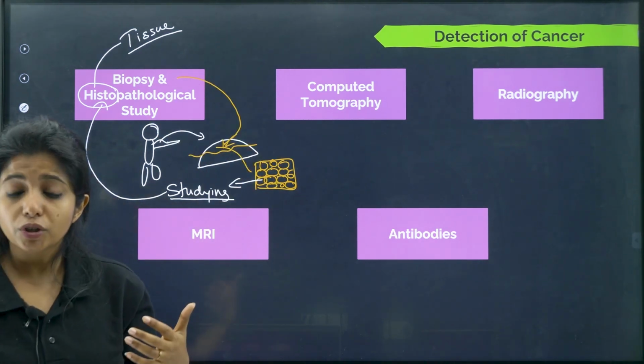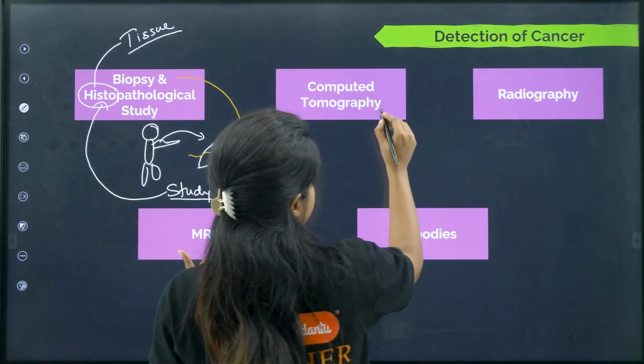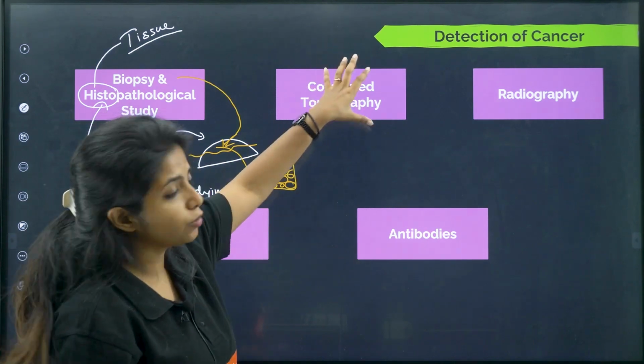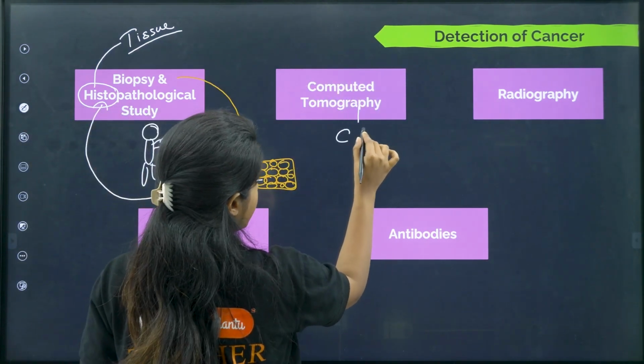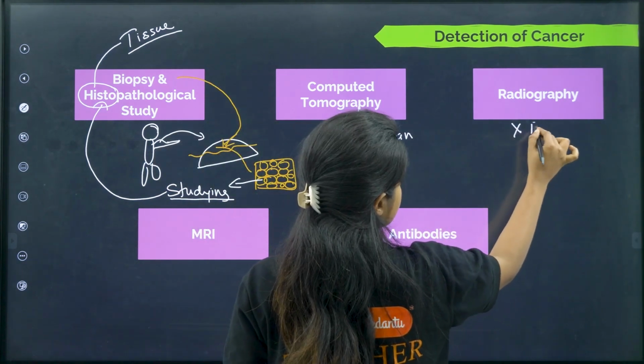The next one is computer tomography, and then you have radiography. Computer tomography, as in CT scan, and radiography, as in when you are taking X-rays and everything.